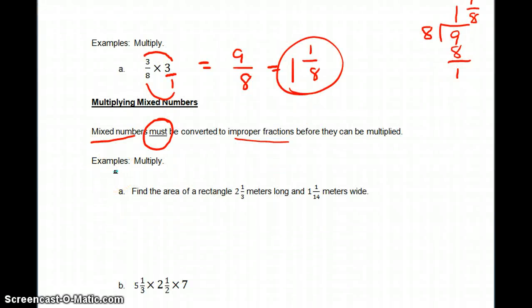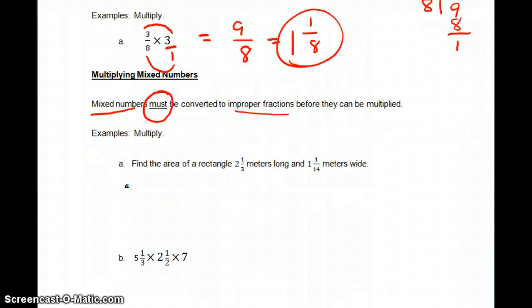So let's take a look at letter A. We're being asked to find the area of a rectangle that is 2 1/3 meters long and 1 1/14 meters wide. We should know that area of a rectangle is found by multiplying length times width. So we're being asked to do 2 1/3 times 1 1/14. We have two mixed numbers.